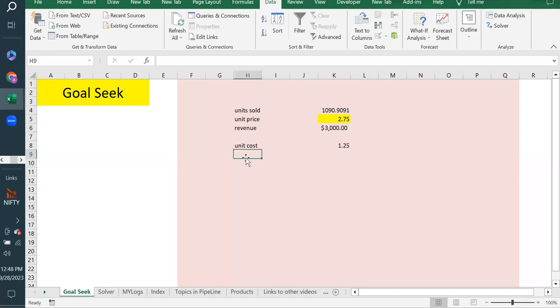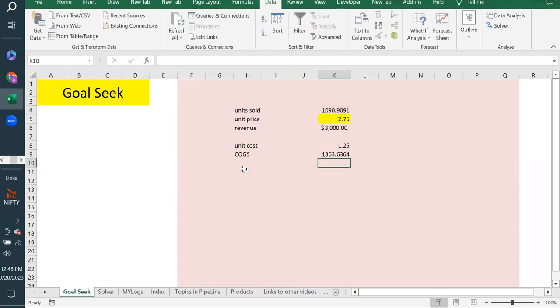And so your cost of goods sold, COGS, is equal to this multiplied by the units sold, right?